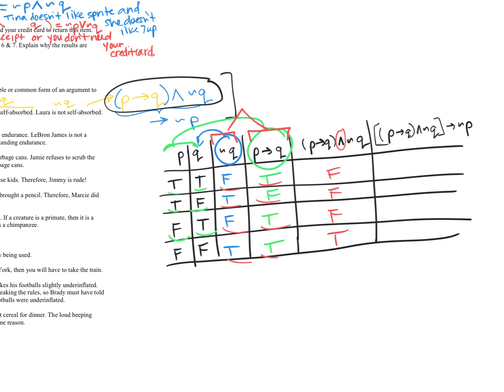And so then when we're looking at this conditional, we're looking at this last column we made, implying a negation of P. And I realize I don't have negation of P. I'm going to write that over to the side here. So negation P would be false, false, true, true.